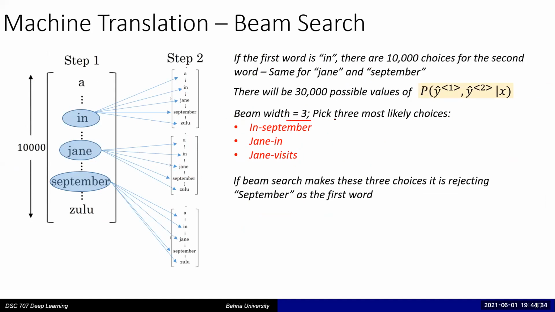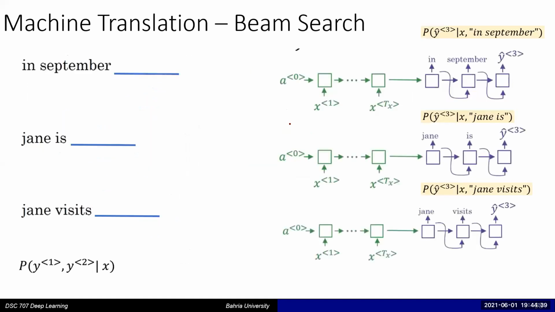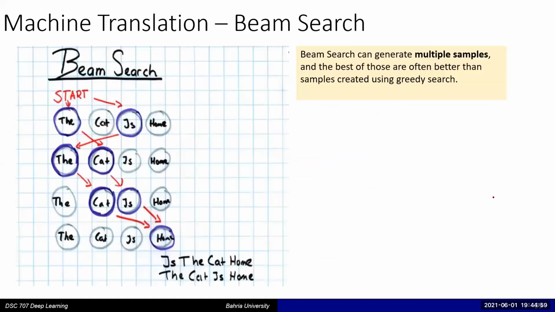Out of those, I'll pick the 3 best. So maybe I'm left with these 3. Now I have to repeat the same process: I fix the first 2 words, that the first word is "in", the second is this, what are the 3 choices for the third word? Similarly, I fix the first 2 words to be these, and I repeat this. So you keep on doing this, and eventually we expect to have a better translation as compared to the greedy search.